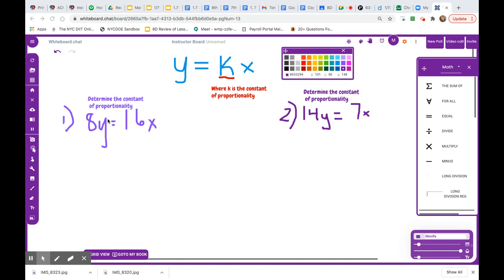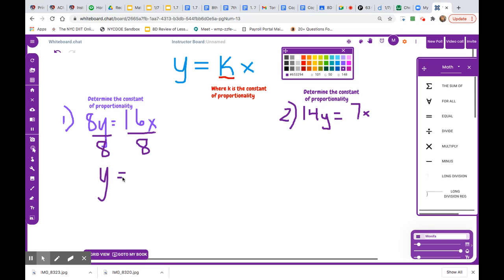So to make this side just have y, we have to do the inverse operation of multiplication, which is division. So I'm going to divide both sides by 8. Because when you're working with equations, when you're doing the inverse operation, what you do to one side, you have to do to the other. So 8 divided by 8 just becomes 1y.